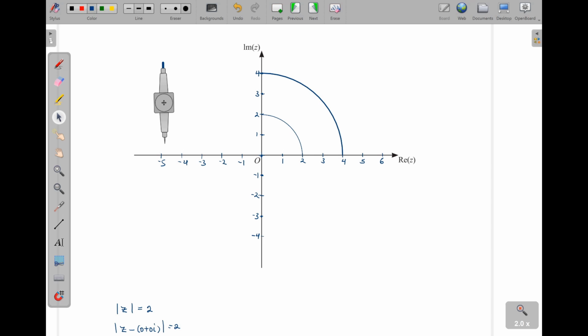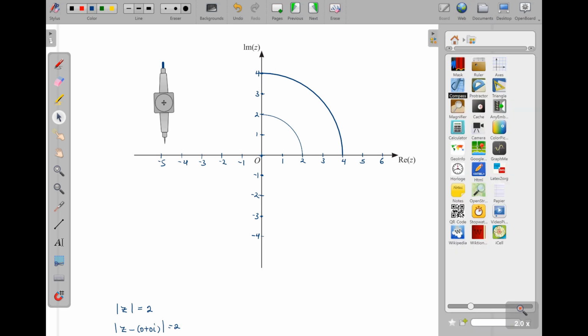Then I'm going to measure 45 degrees because the other half line is supposed to begin from the origin and then within 45 degrees.